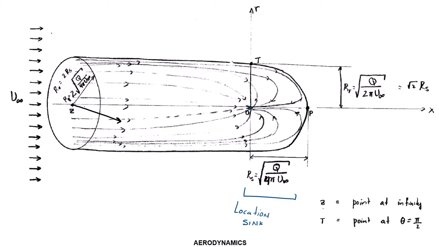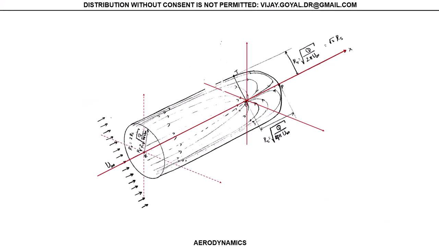So you can look at the problem this way: what you have here in this particular location, this is the sink, and the radius that's here is completely independent of what happens in this direction. Okay, keep that in mind. Now think about this chart.